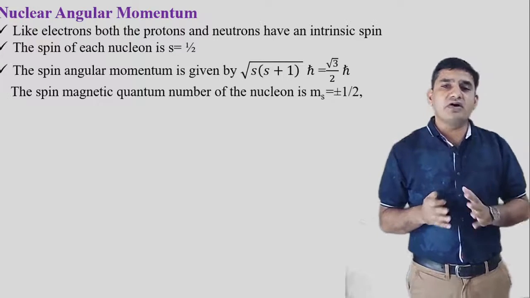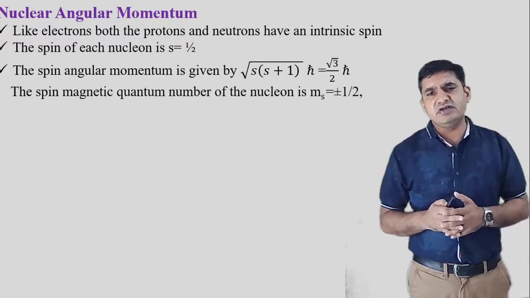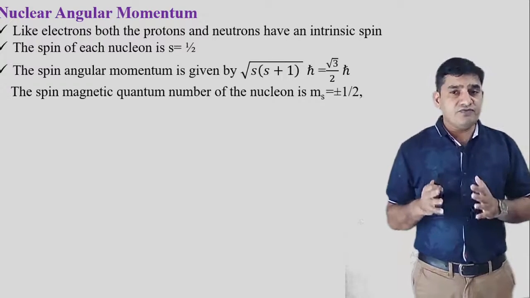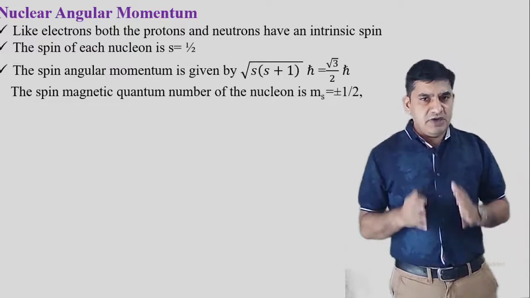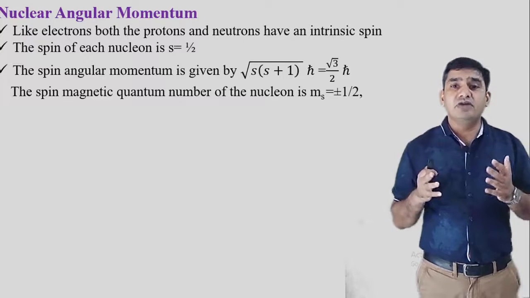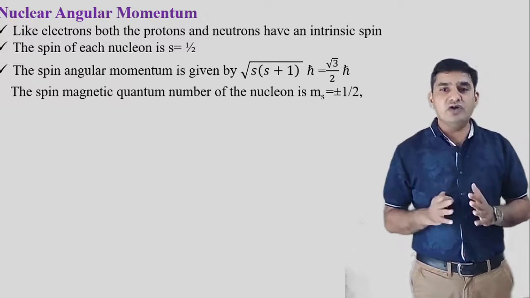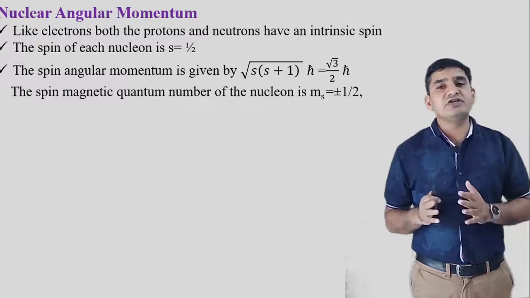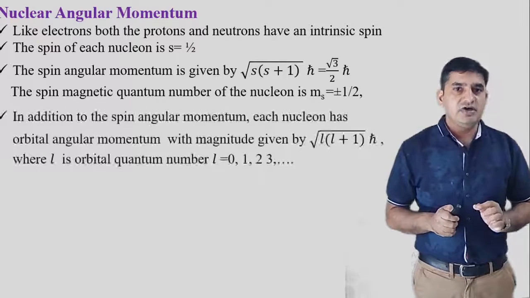Okay, h cross is a Planck constant, and this is equal to under root of 3 by 2 h cross. The spin magnetic quantum number of a nucleon is ms equal to plus or minus half.